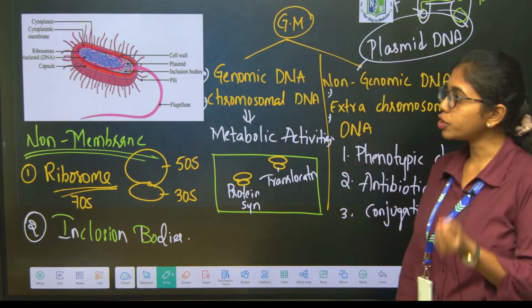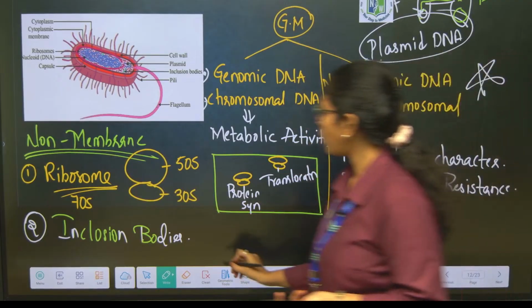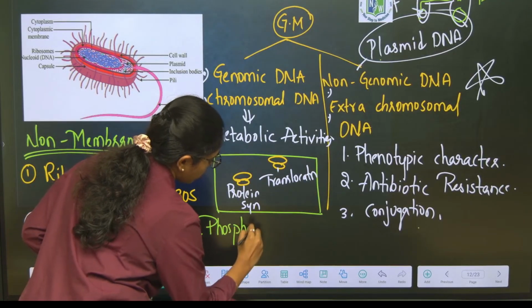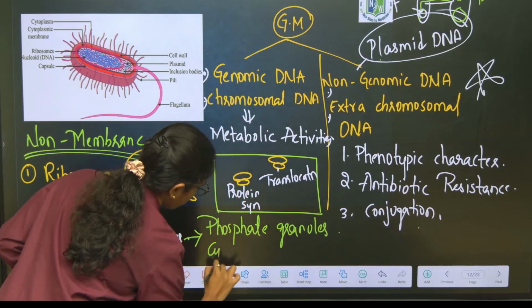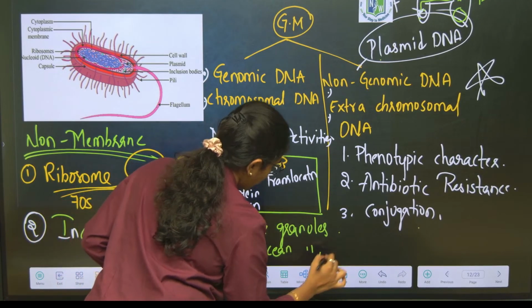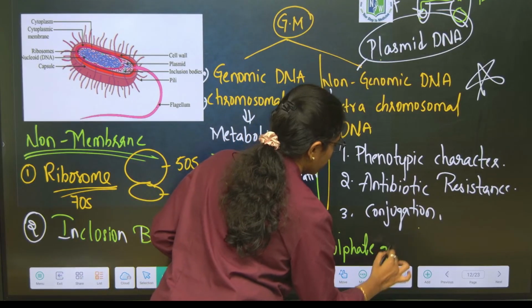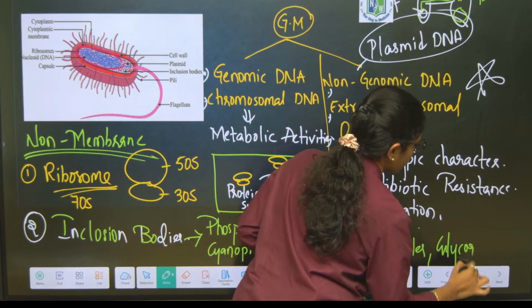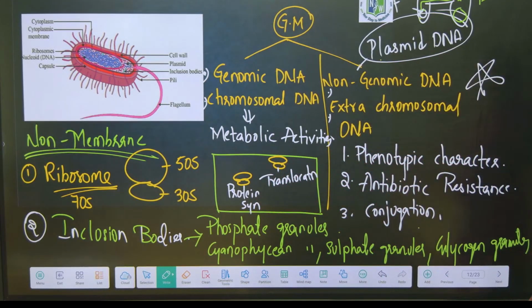These are storage bodies present inside the prokaryotic cell without any membrane. Glycogen granules as well. Clear?